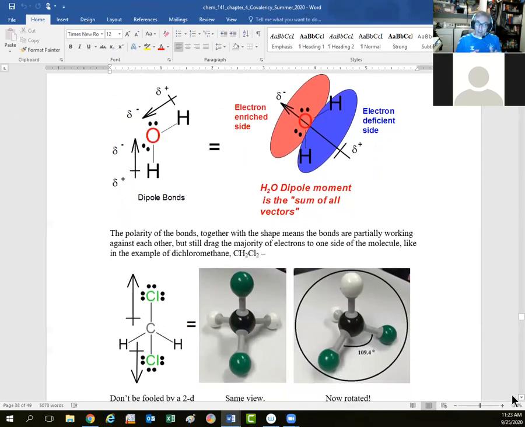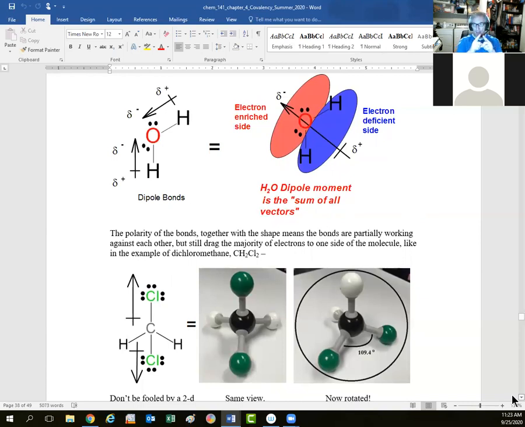So the tricky examples are always when there are multiple polar covalent bonds. Because then we have to ask the question, do the bonds work together to send the electrons to the same side of the molecule, making the molecule polar?